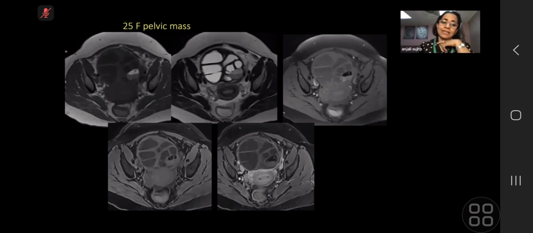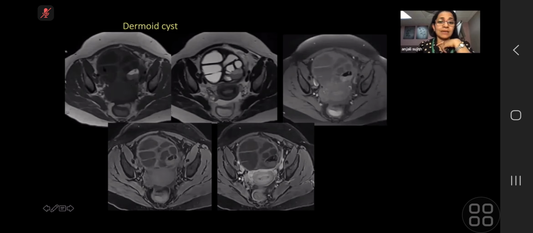So if you identify fat signal within an adnexal lesion that doesn't show any enhancement, and we've confirmed it is fat because it's been suppressed on the fat suppressed image, you can confidently say this is a dermoid cyst or a mature cystic teratoma. Okay, so you've described it well.